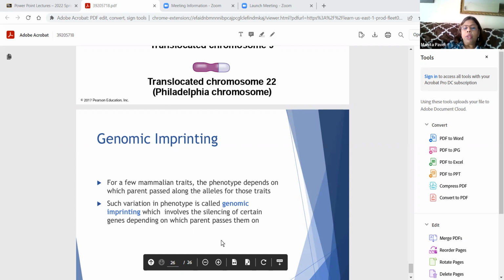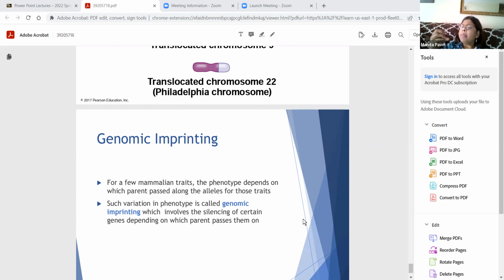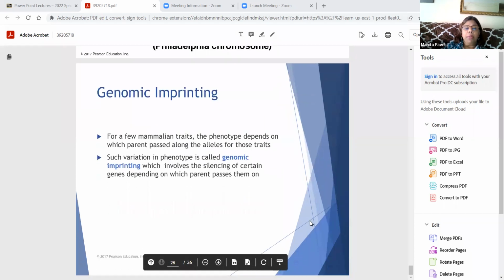Certain genes will be silenced, and that depends on which of the parents, whether the male or the female, has passed on these genes.